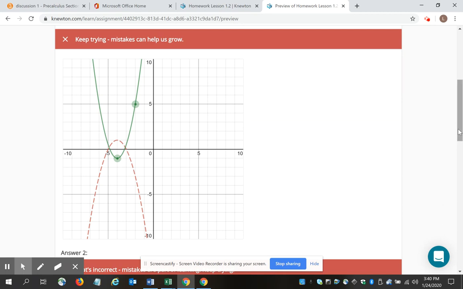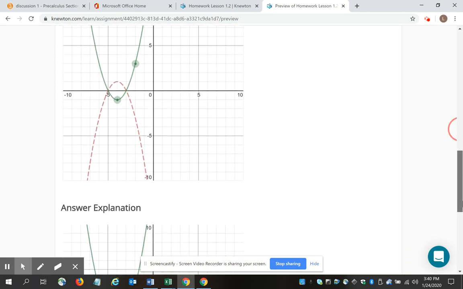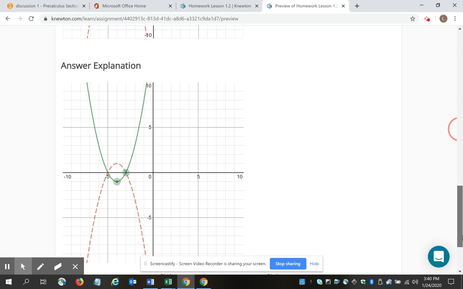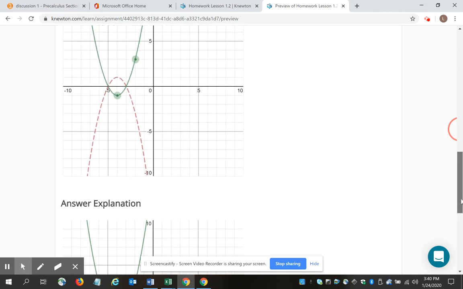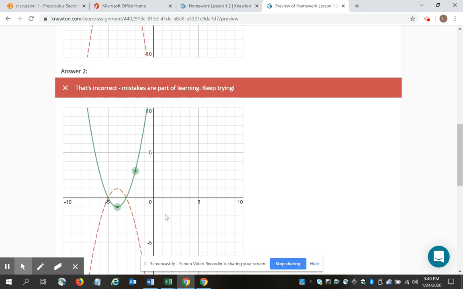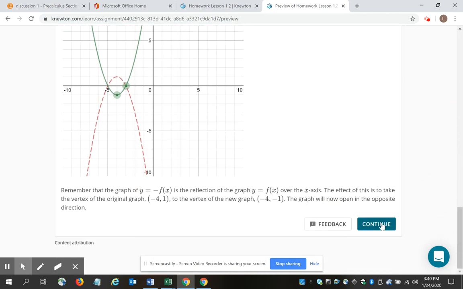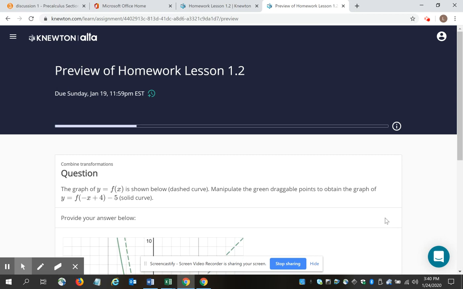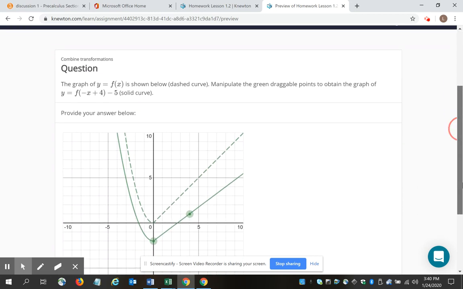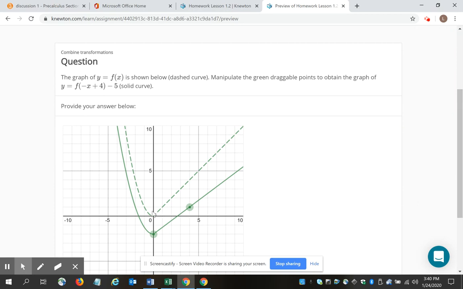Oh, it still didn't like me. Okay. Well, we got it in the basic shape. I think a lot of it in this particular scenario is difficult because of the mouse issue. Okay, so I just didn't get my points lined up as well as they want you to, but you get the idea, hopefully. That's probably the same issue you're having, knowing how to flip it and all that kind of stuff because of all of those crazy symbols.